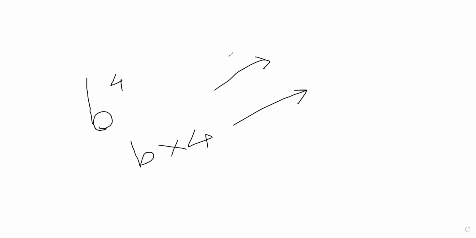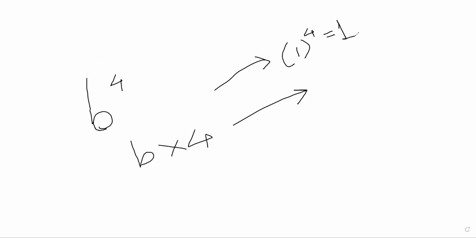What I have written in the first line is b raised to 4. Below that I have written b into 4, b multiplied by 4. Suppose, just imagine, b's value is 1. So if I write 1 raised to 4, the answer will be 1 only, because 1 is getting multiplied by itself 4 times: 1 into 1 into 1 into 1.